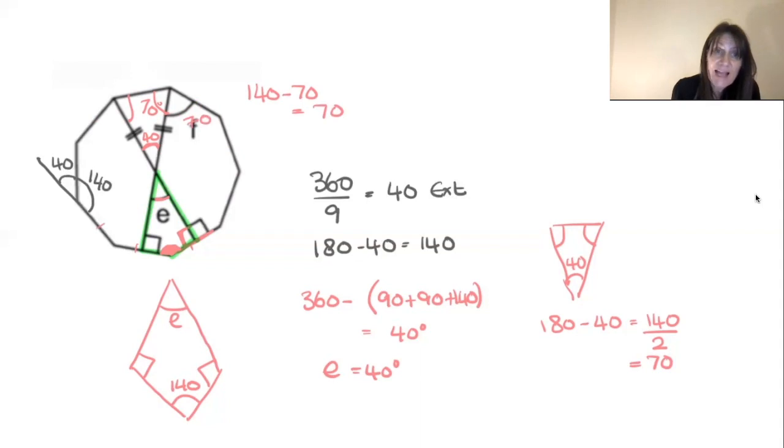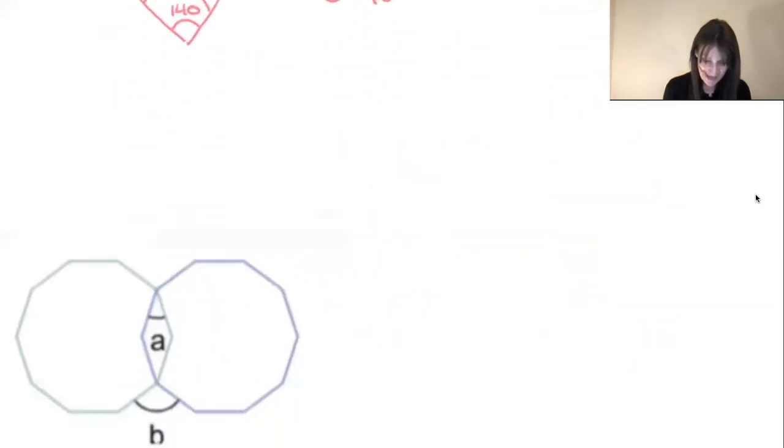So I know that that is 70 degrees guaranteed through the workings that I did. And as I say, there are different routes around these diagrams. You will, if you're doing it right, get the same results. You just might do it in a different way. Okay, let's do another one.